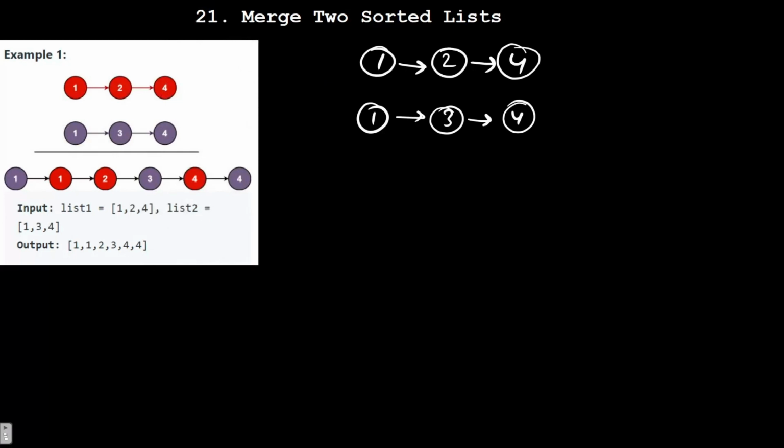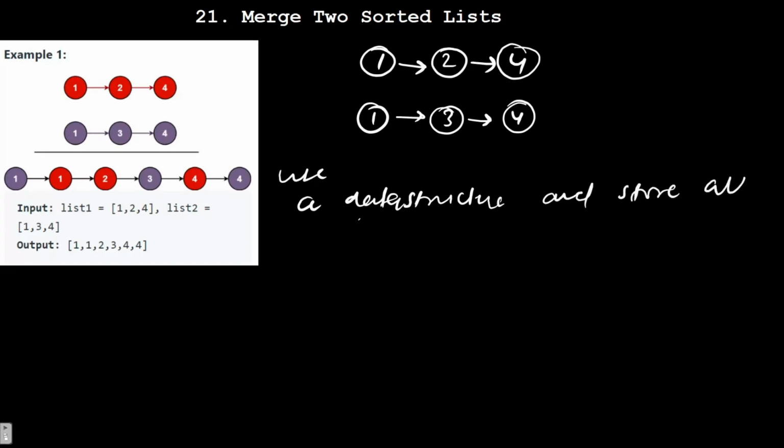So how can you do this? There can be many ways to solve this problem. The naive or brute force approach is to use a data structure of your choice, either an array, linked list, array list, or vector, and store all the values in it.